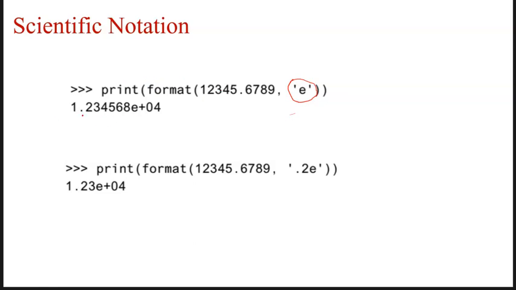You can see that it prints quite a few digits after the decimal place. If you want to change that, you can again use format with a point and the number of digits you want after the decimal place, and the form that you want. You can see that it only prints out 2 digits after the decimal place, and it's in exponential form.